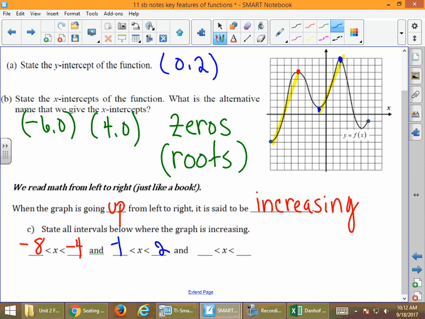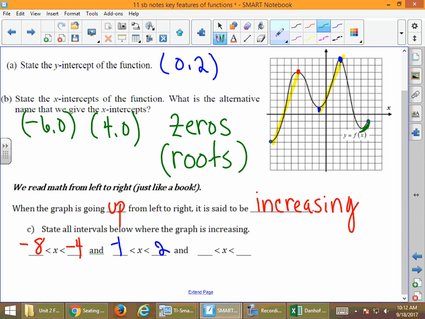And it seems that we have one more place where we're also increasing. Once we get to that top of the blue, we start going down, down, down. But then we finish with going from here to here. Sorry, it didn't highlight. But from there to there, we started going up.